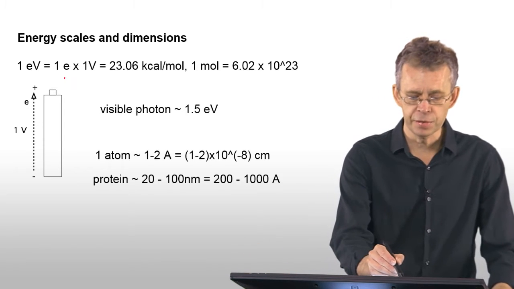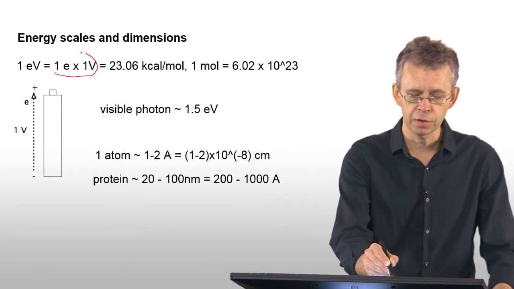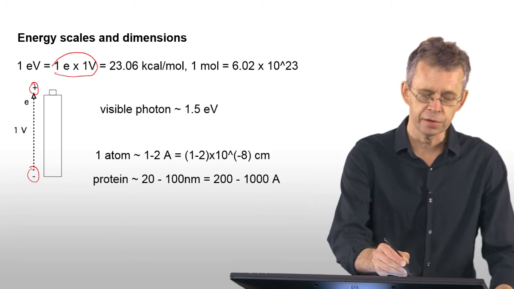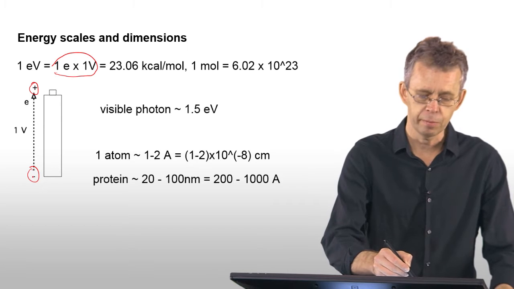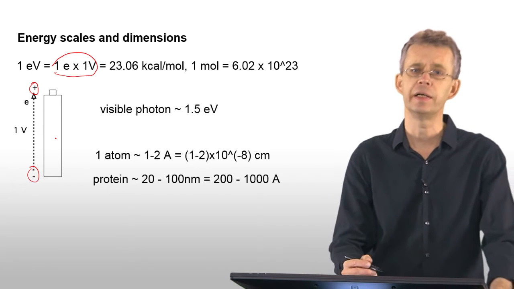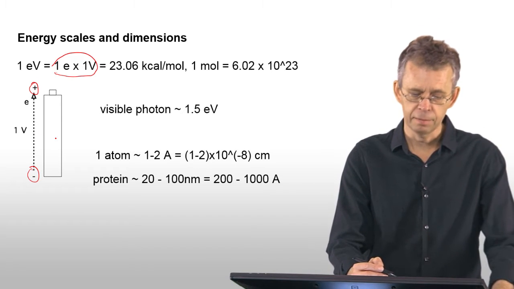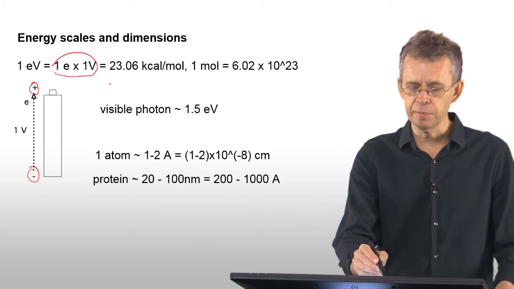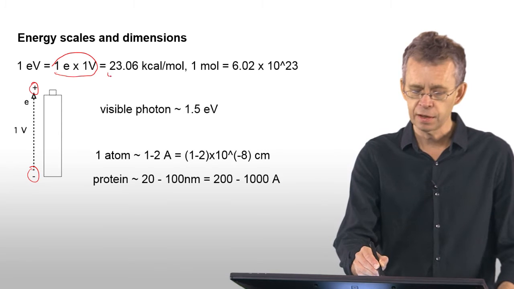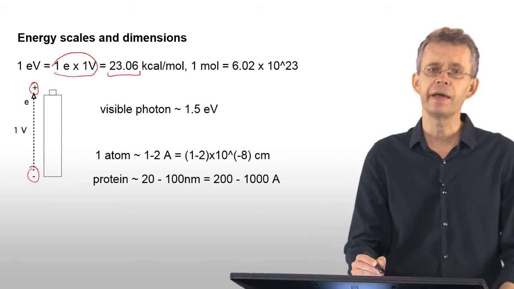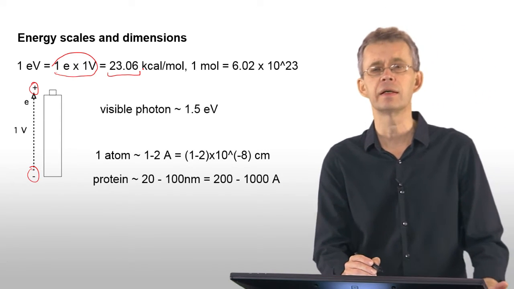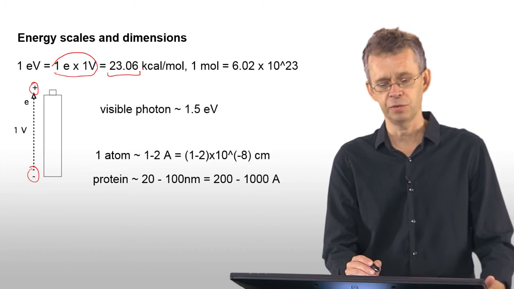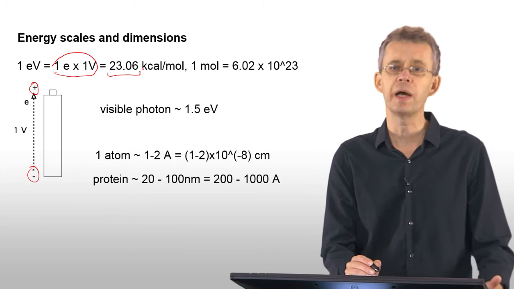This is the energy required to move an electron through 1 volt of potential between plus and minus in a battery. If you switch the units, you can represent 1 electron volt as about 23 kcal per mole. A kcal is a kilocalorie, the same as the capital Calories you usually see on food packaging.